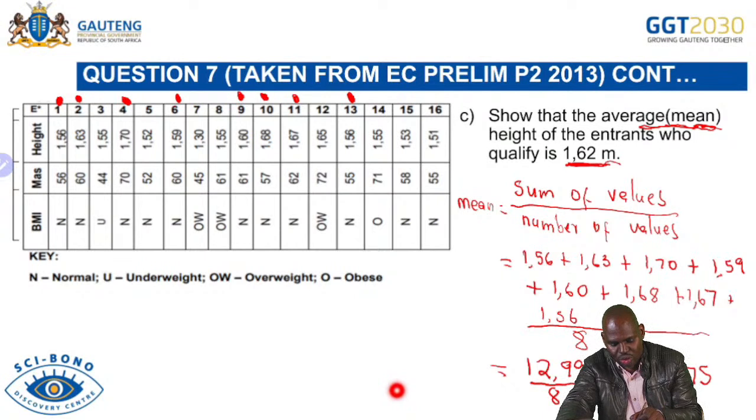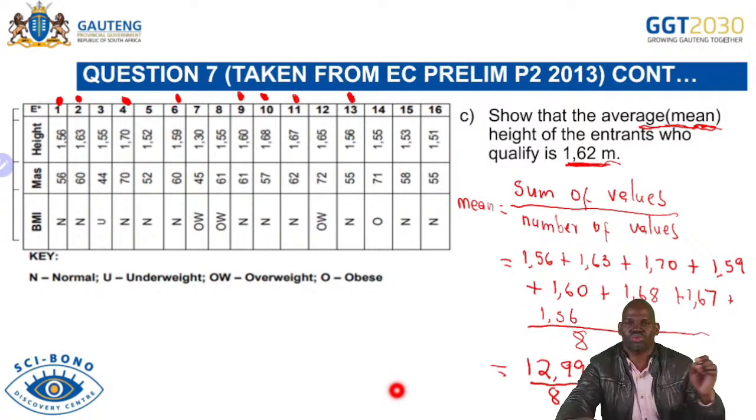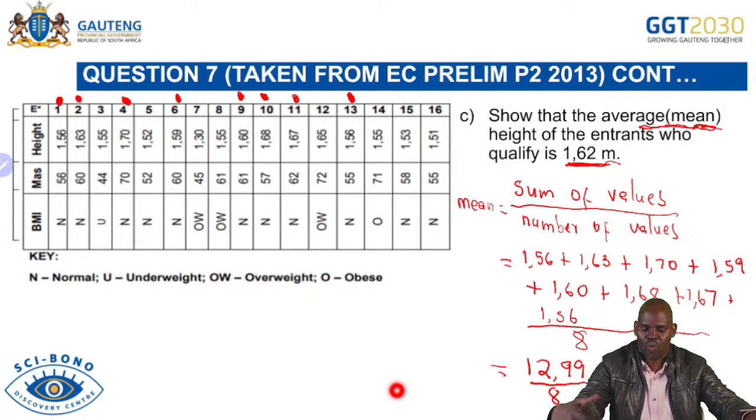When we round it off, we get 1.62. So we have shown that indeed the mean height of the entrants is 1.62. So that is how we calculate the mean.